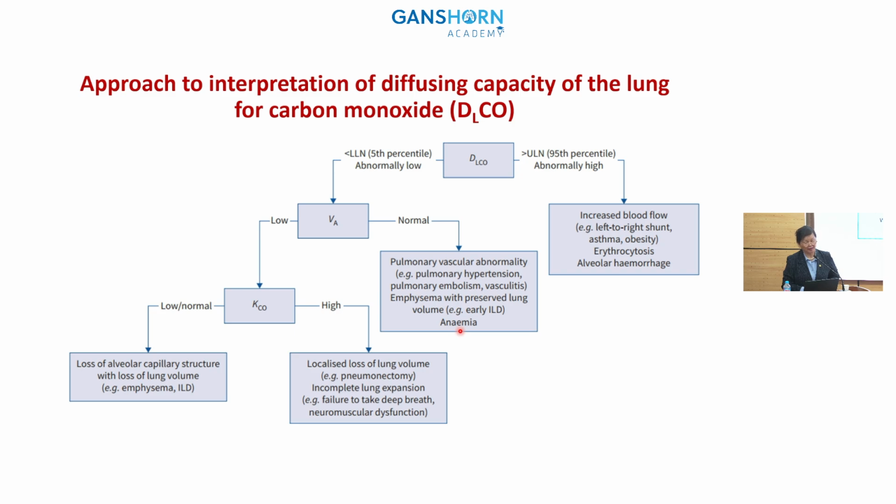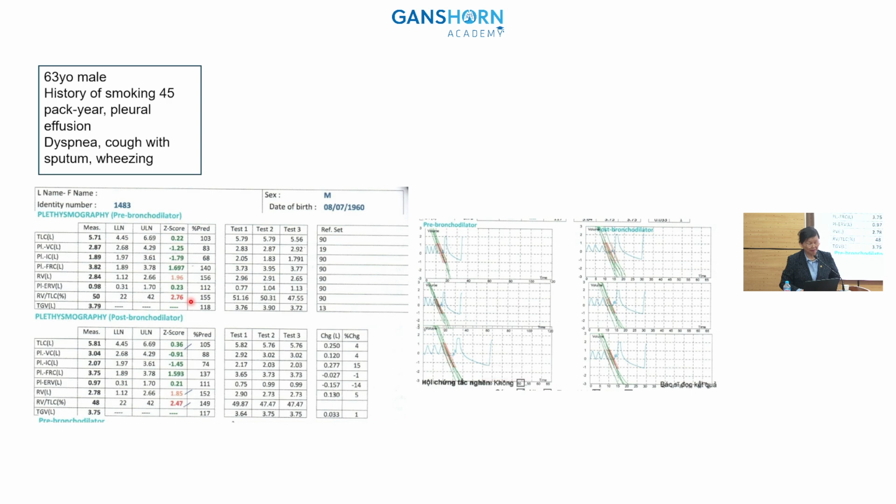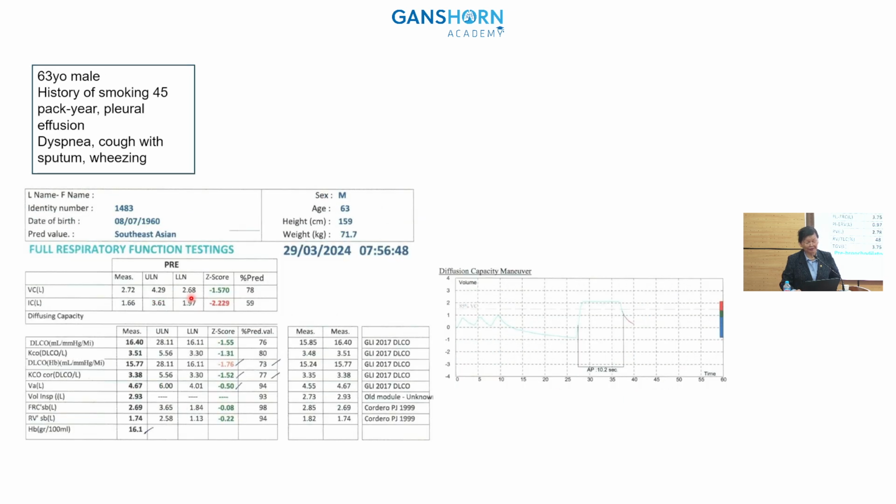But right now, the patient has no symptoms of pulmonary embolism. So at that stage, we could stop at emphysema with preserved lung volume, because he is a heavy smoker, and he also has air trapping. So it is COPD with early emphysema. Yes, it is great.